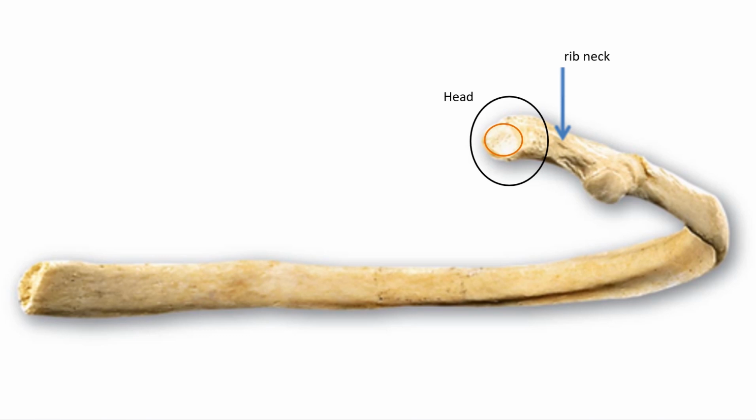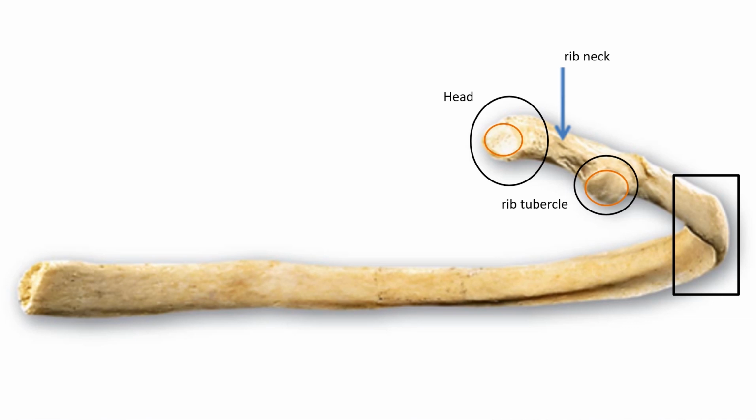Then we have the neck, a constriction beyond the head. Then we have an elevation, and this elevation is called the articular tubercle, and the articular tubercle has a facet for articulation with the transverse process of the vertebra.